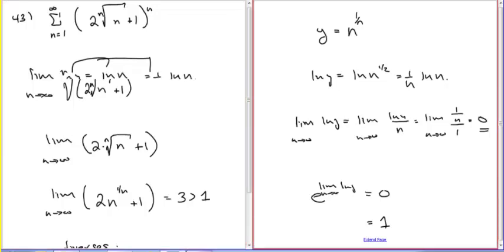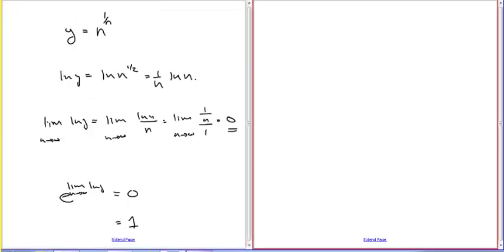And then the final one is 46, I guess. 47. I'm not sure why I didn't do 46. So I'll get the summation from n equals 1 to infinity of 1 over n minus 1 over n squared to the nth power.